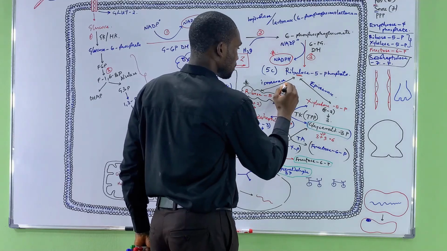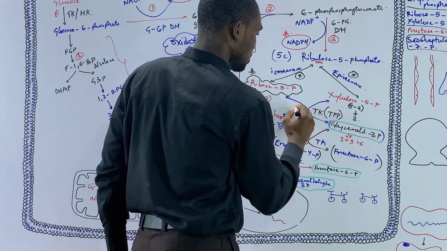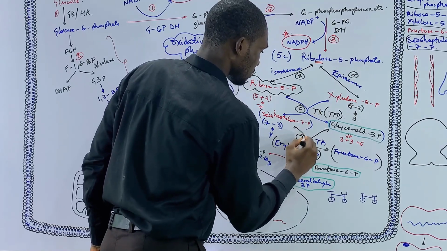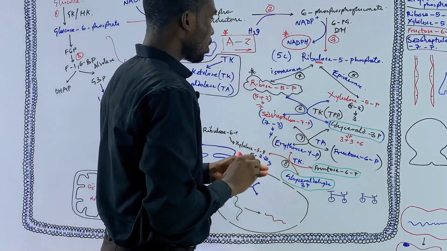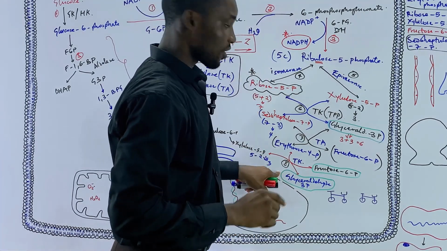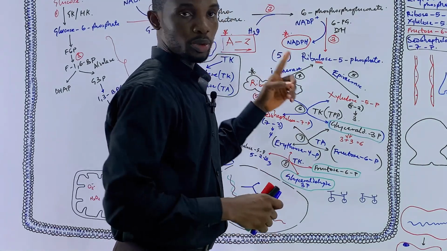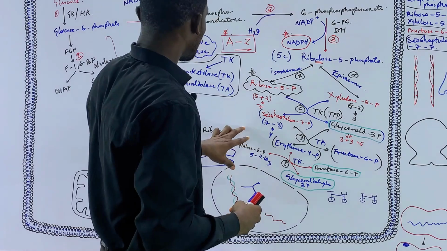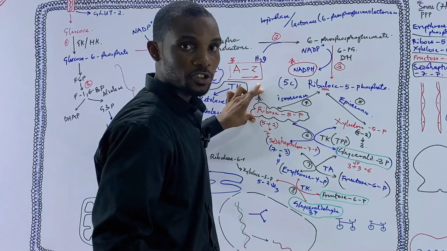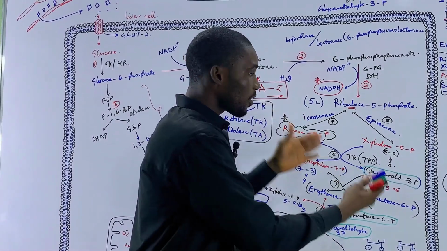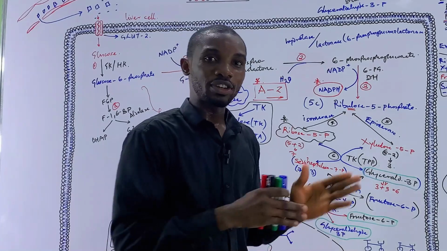So this was our reaction 4, this reaction 5, reaction 6, 7, and 8. And these were the reversible phases of the PPP, right? Now let's discuss what happens to the NADPH and the ribose 5-phosphate. Already I've told you that some sugar phosphates are shunted into the glycolytic pathway depending on the body's needs, right?